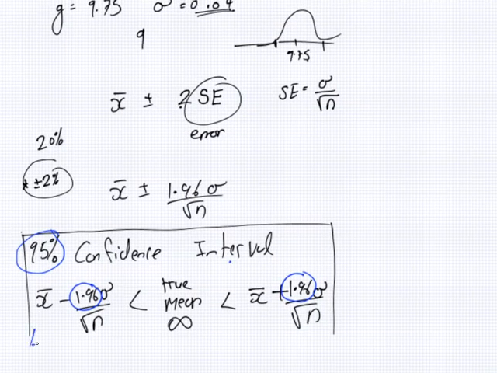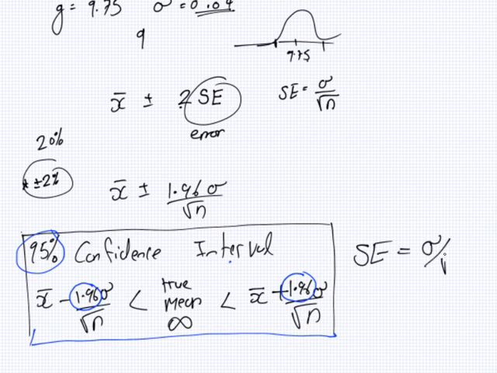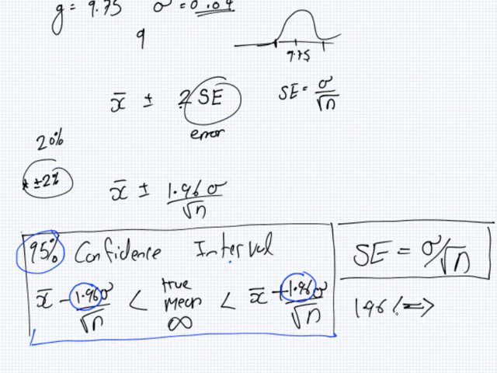Confidence interval, yeah. Oh, and here's the other formula. Standard error is what we call the standard deviation divided by root n. And 1.96 is what we use for 95%.